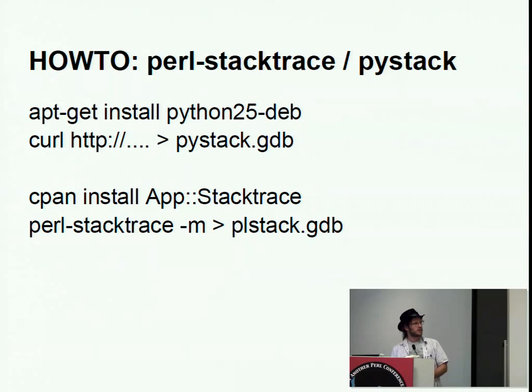There's actually another option for Perl, which I've written, called App::Stack Trace. It installs a script called perl-stacktrace, which you may either give a process ID, and it will read a memory image and give you a stack trace directly out of it without symbols. Or you can use the -m parameter, and it'll generate a GDB script that does effectively the same thing.